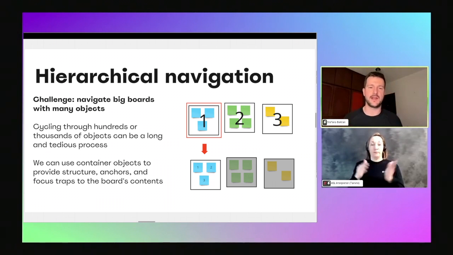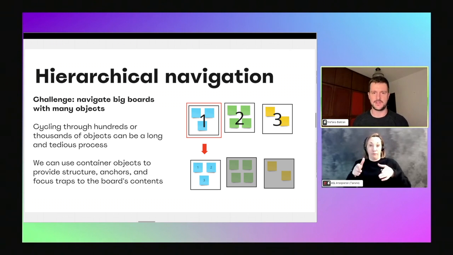Now, we spoke about hierarchical navigation before, and how do we do that in our space? We don't have any headings, we don't have any titles, but we do have something that conceptually speaking provides hierarchy to the boards. And these things are container objects. In particular, we've got a type of object called a frame, which acts as a container for other objects. So we decided to use those containers to provide hierarchy to the boards.